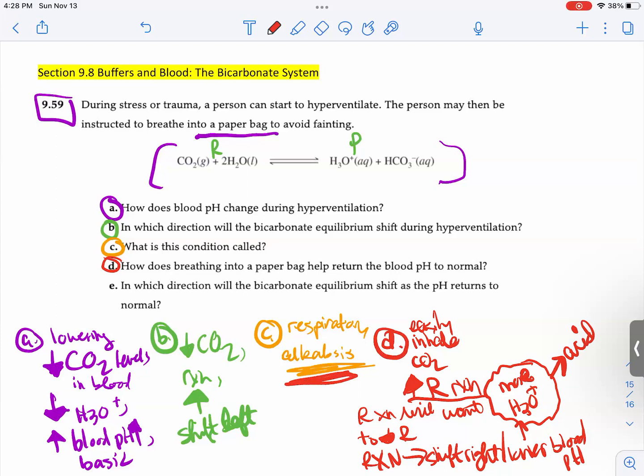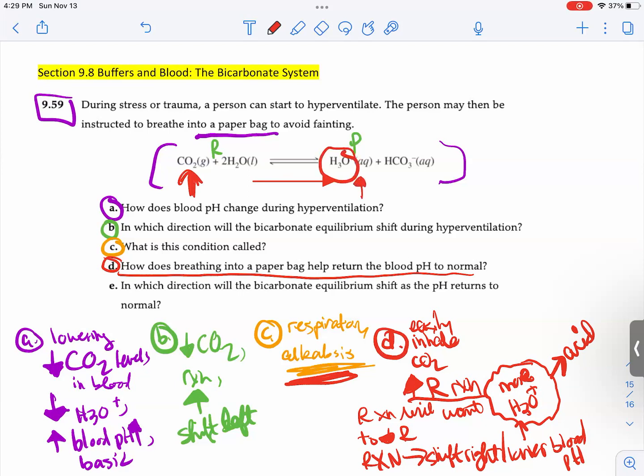So how does breathing into the paper bag help to return the blood pH to normal? We're easily going to take in more of that CO2. So we're affecting the reaction this way, and the reaction is going to want to shift in this direction because we have added more reactants. The reaction is going to want to make more products with Le Chatelier's principle. So we have more hydronium ions.